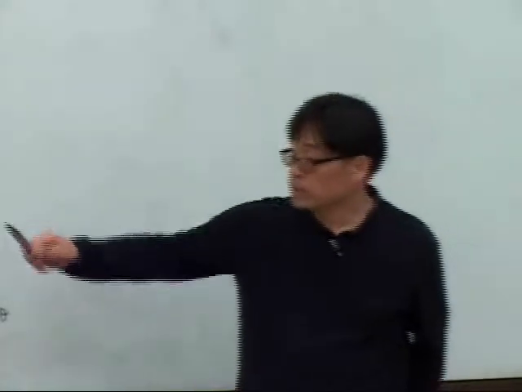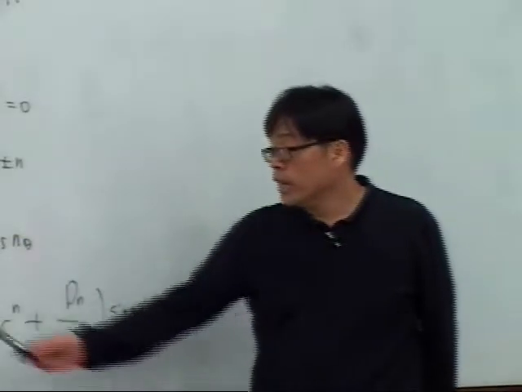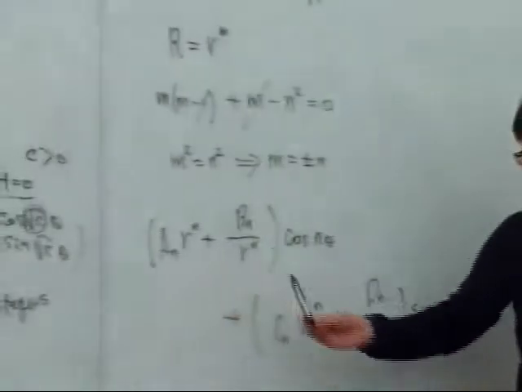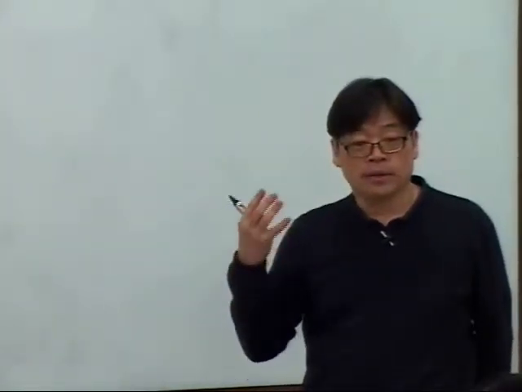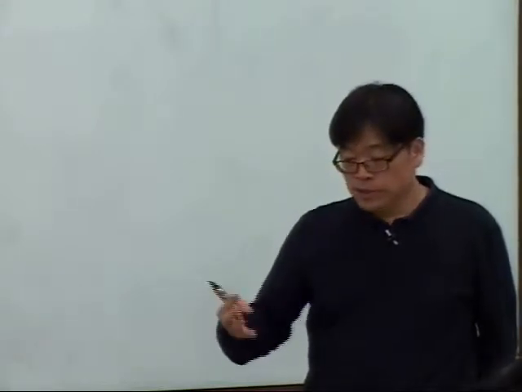Okay, this is the most general solution for this case. And here, I don't know what a sub n, b sub n, c sub n, and d sub n are at this point. I have to impose boundary conditions on the body surface and infinity, then I will find a sub n, b sub n, c sub n, and d sub n.